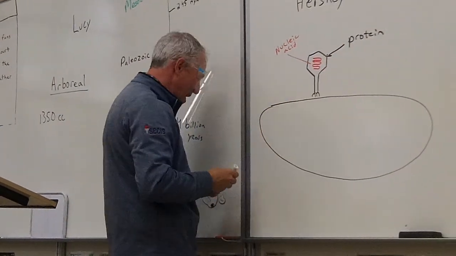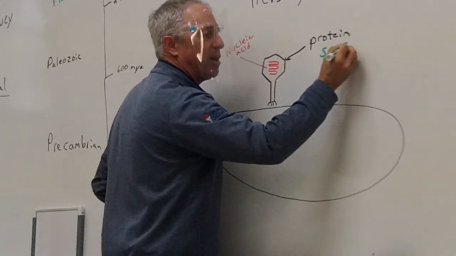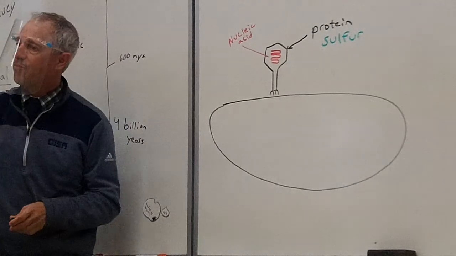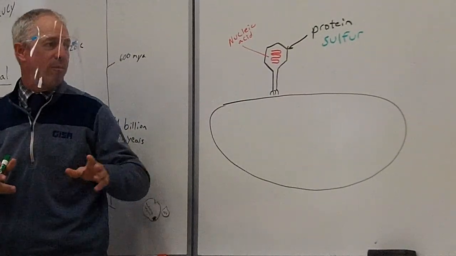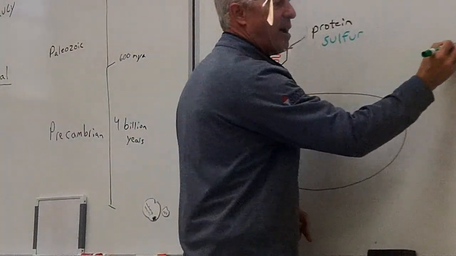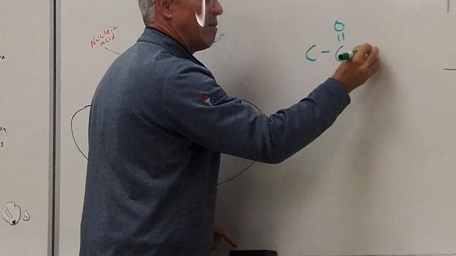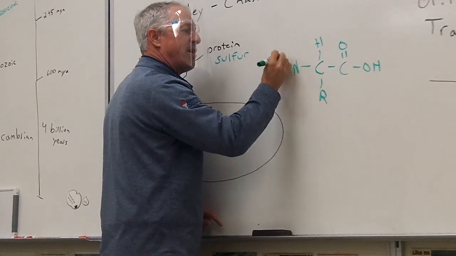Protein has sulfur as part of its buildup. Do you know where the sulfur is in protein? It's in the amino acids. Proteins are made up of amino acids. Do you remember what an amino acid looks like?